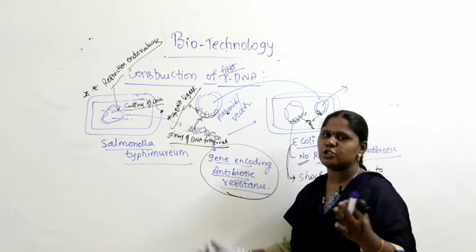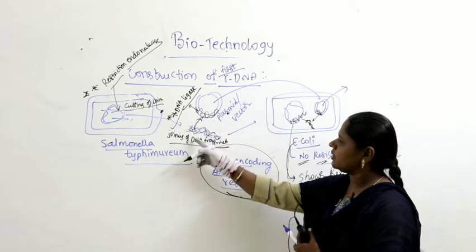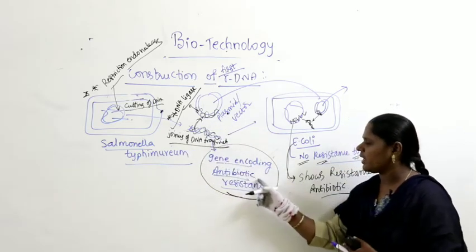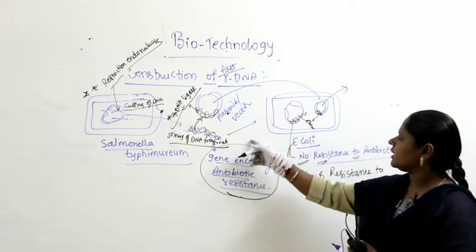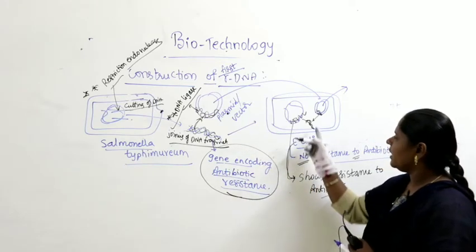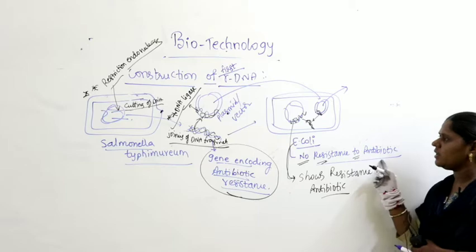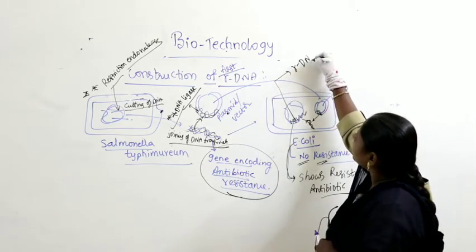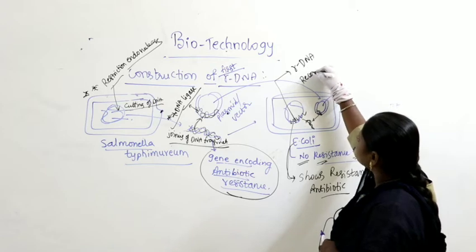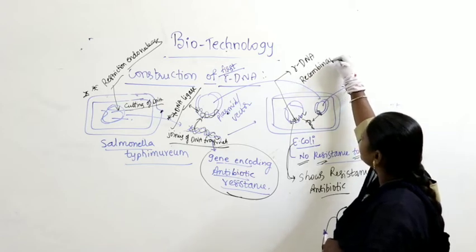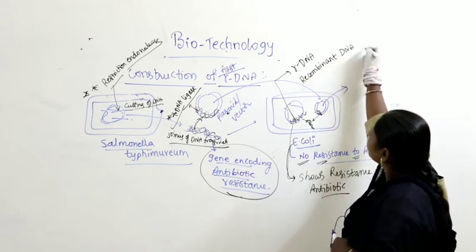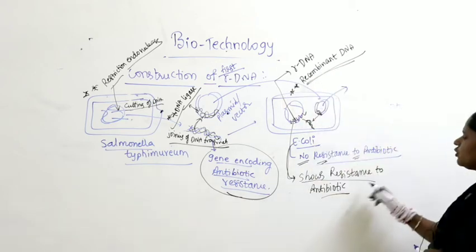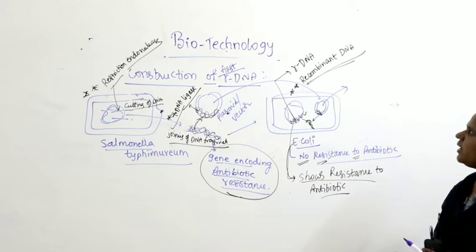DNA ligase joins the plasmid with the foreign DNA or alien DNA. This is nothing but the gene encoding antibiotic resistance, and this gets transferred into E. coli. Earlier E. coli had no resistance to antibiotic. Then what is added here is called recombinant DNA. Because of this recombinant DNA, now E. coli shows resistance to antibiotic.